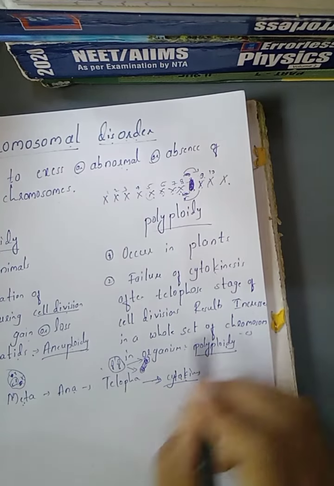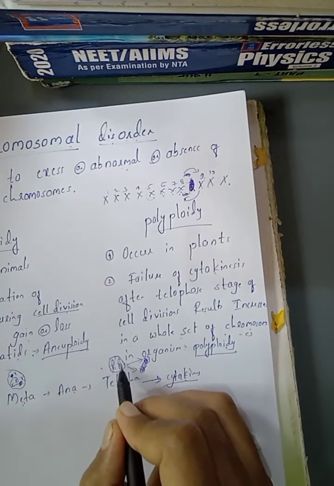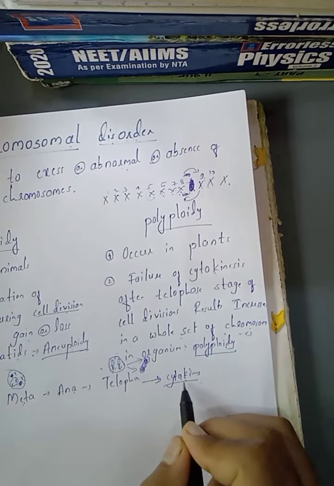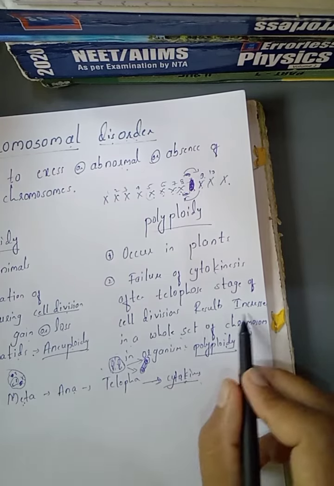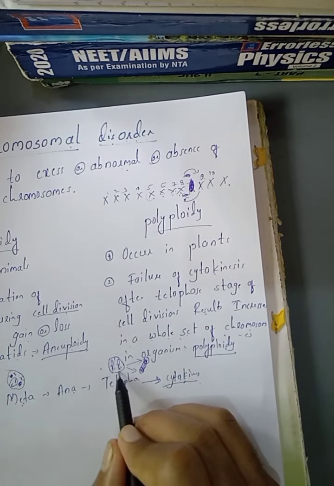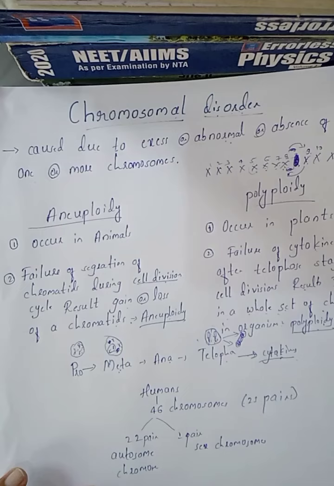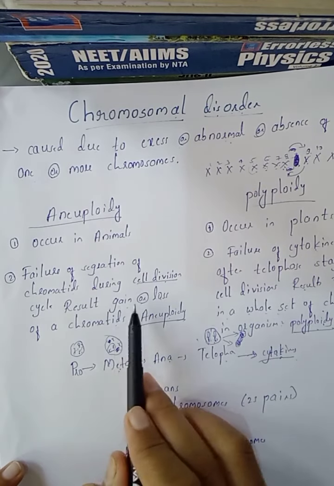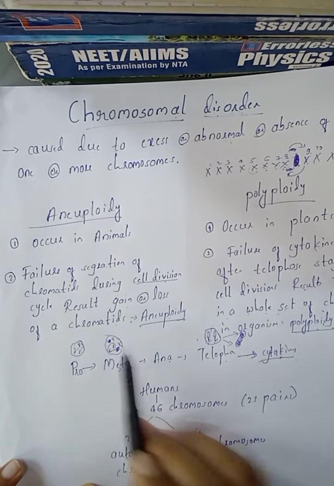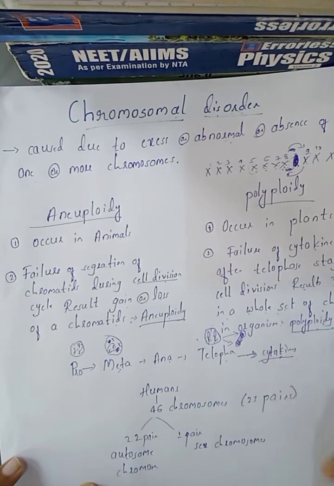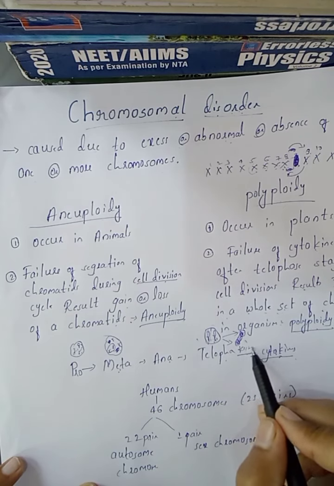As a result there is an increase in the whole set of chromosomes, becoming 2 sets in telophase. That we call polyploidy.